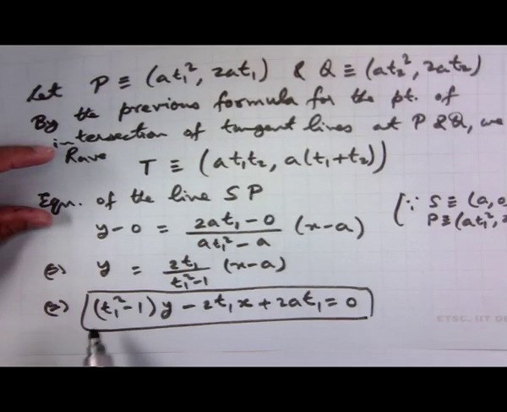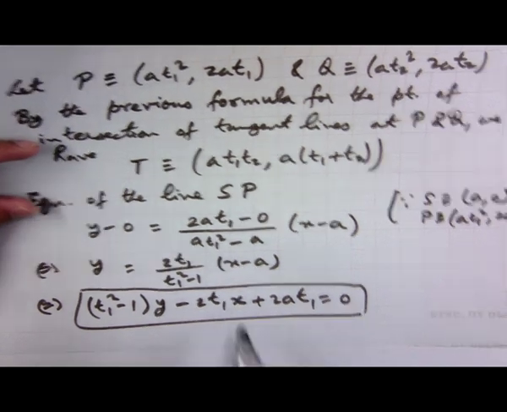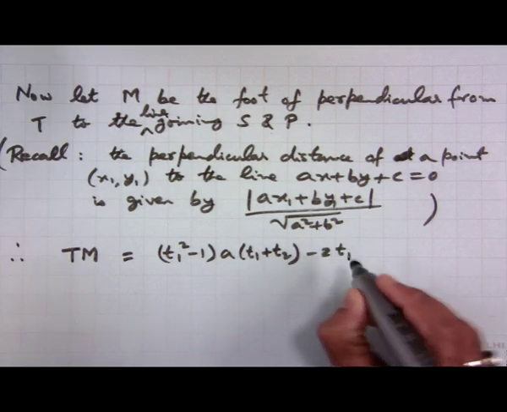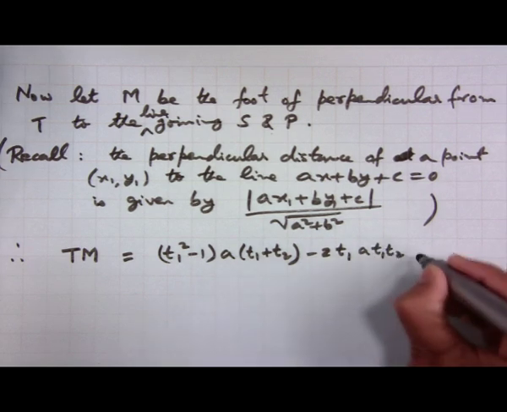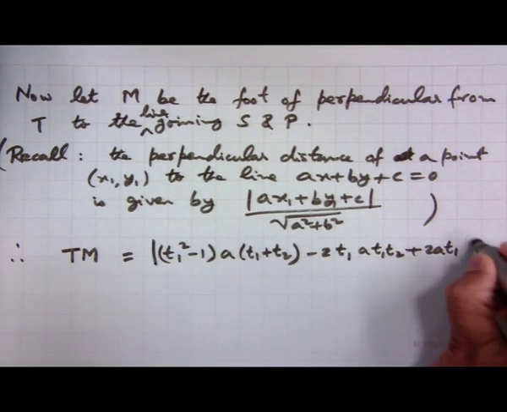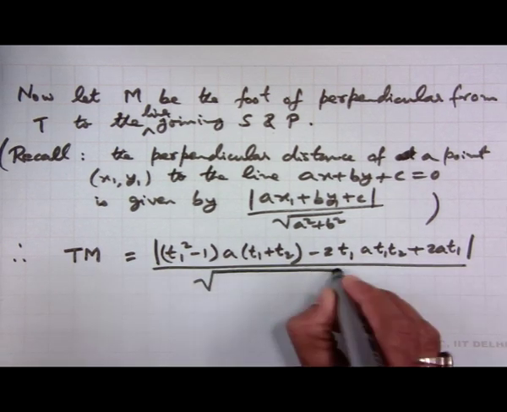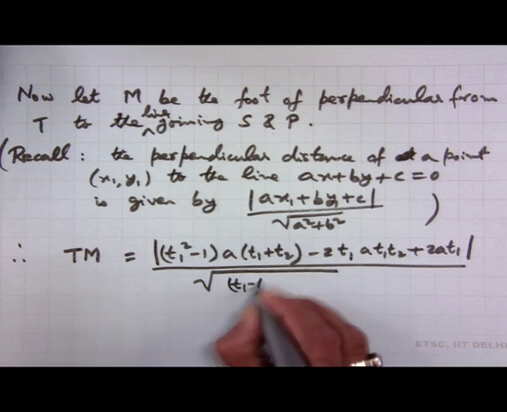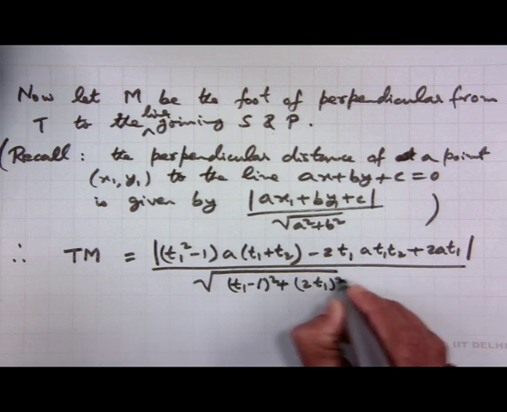This is (t1 square minus 1) y1 minus 2 t1 x1 plus 2 a t1, that is (t1 square minus 1) a(t1 plus t2) minus 2 a t1 square t2 plus 2 a t1, in absolute value, divided by square root of (t1 square minus 1) square plus (2 t1) square.